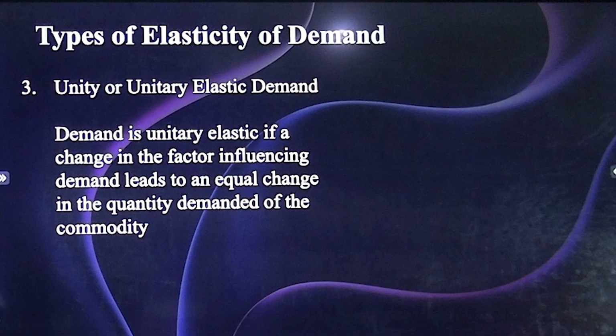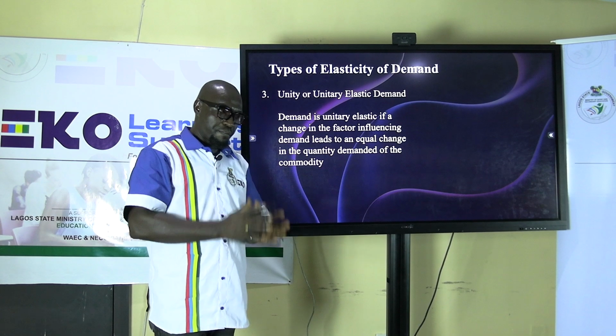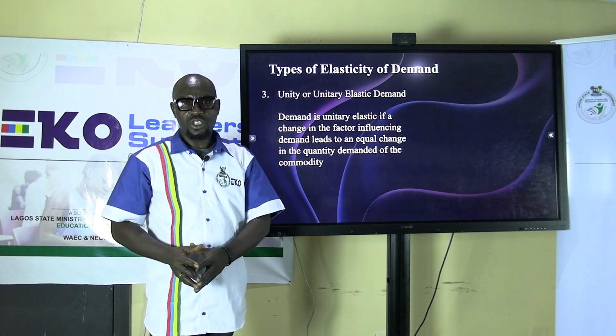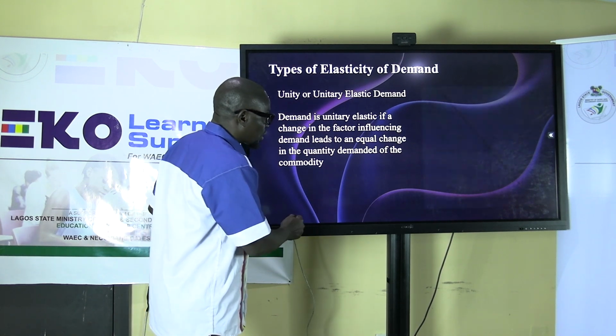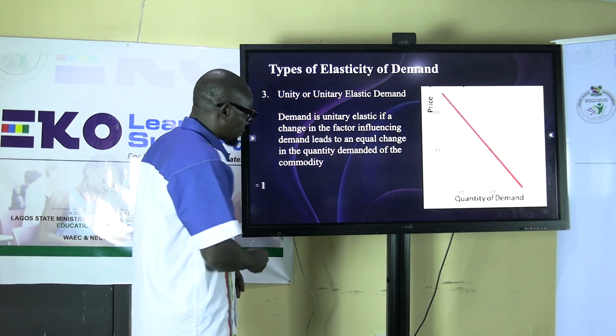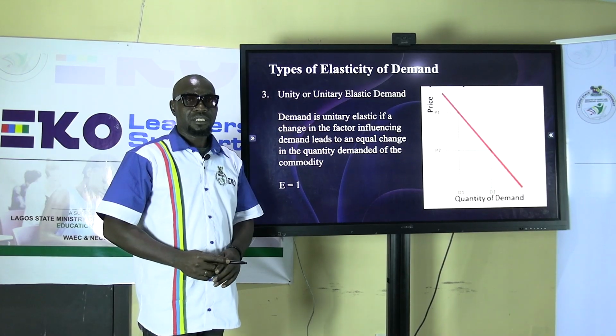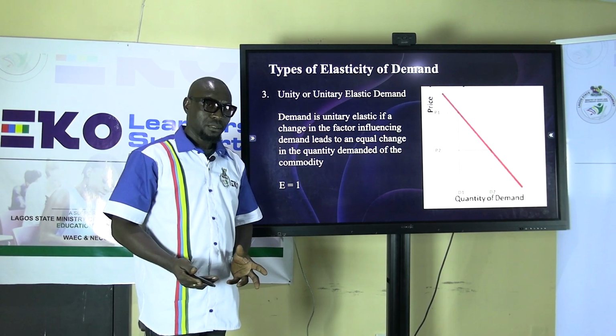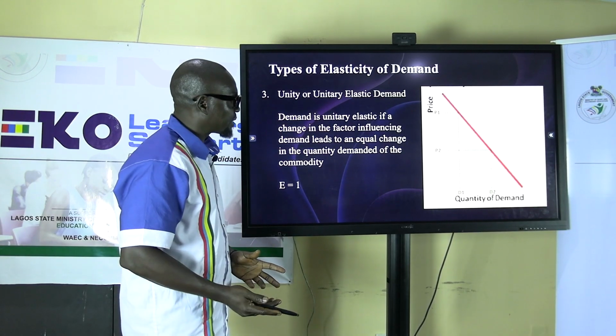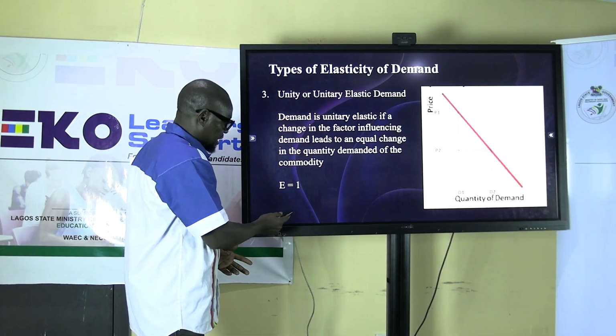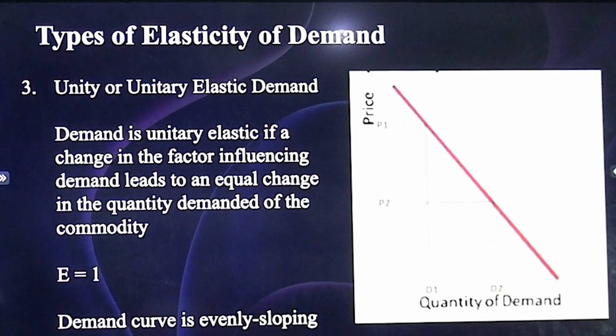So if you have a 20% change in price, you are going to get a 20% change in quantity demanded. If it is a 5% change in price, you get a 5% change in quantity demanded. And as a result of that, the coefficient of elasticity is equal to 1, unity. And that's where the name comes from, unity. And essentially, it's an evenly sloping demand curve.